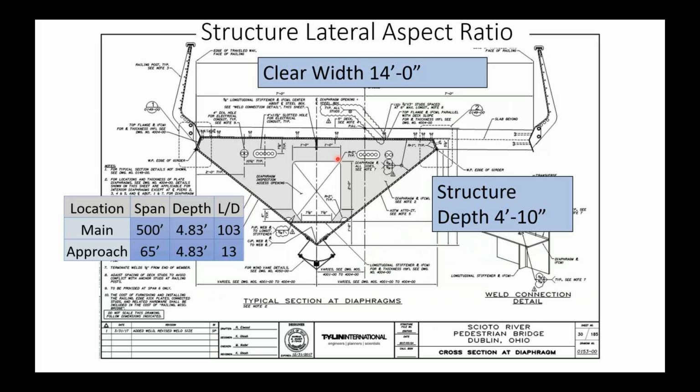So going back to this figure we looked at earlier, we talked about the depth to span ratio in the vertical direction of about 100, but we didn't talk about the transverse direction, and our depth to span ratio in the transverse direction is actually 36. Again, we mentioned typical girder bridges have a depth to span of about 20 to 25.